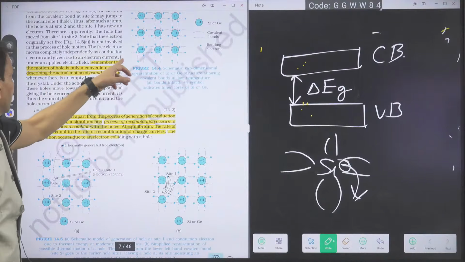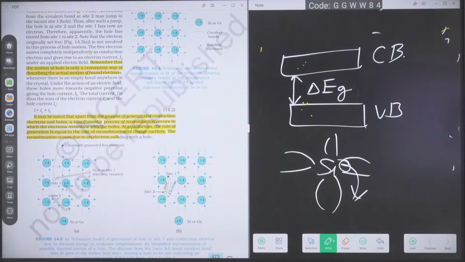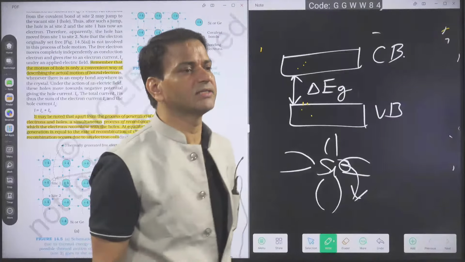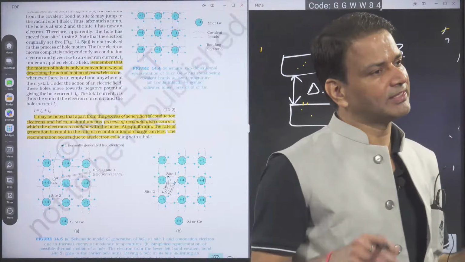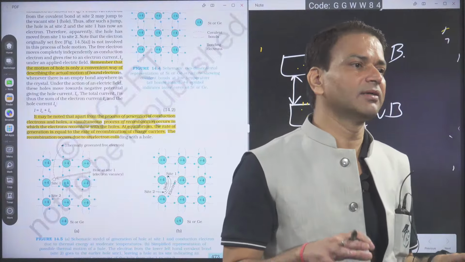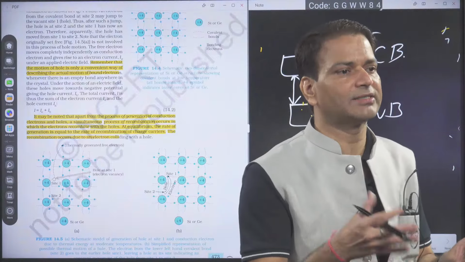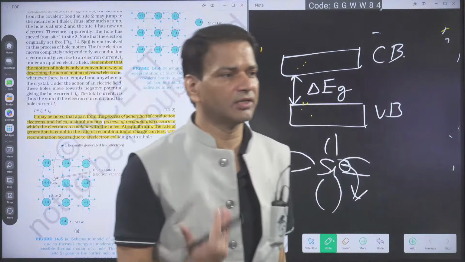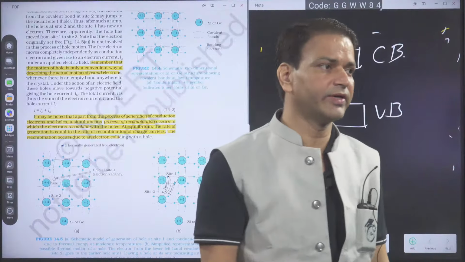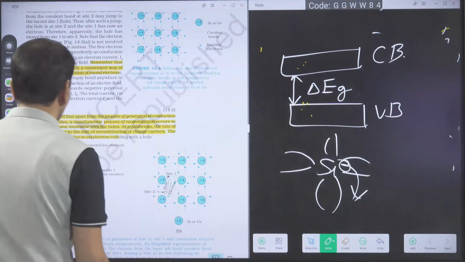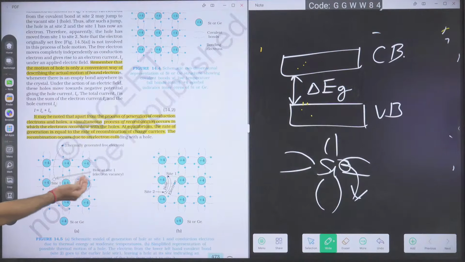Remember that the motion of the hole is only a convenient way of describing the actual motion of the bound electron. So basically hole is moving, but actually electron is moving, and hole is the easy way to explain the motion. That's why we are using this word hole. Hole we are treating as a positive charge. Suppose there is a deficiency of the electron here.